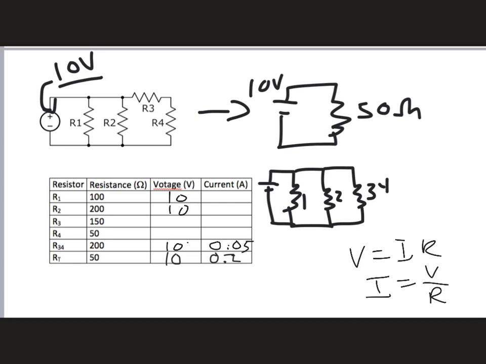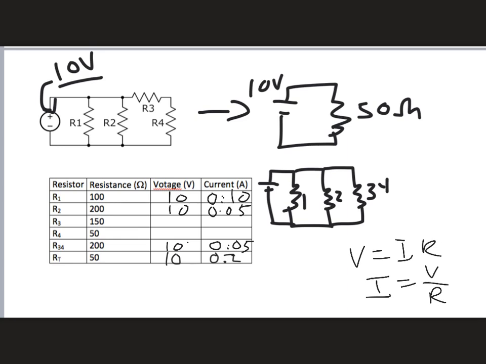And when I solve for R2, again, we have 200, so that's 0.05. And when I solve for R1, that gives me 0.10. And so my currents are solved for those resistances.